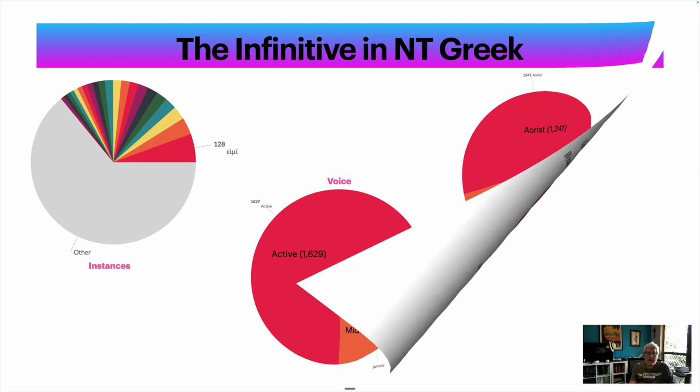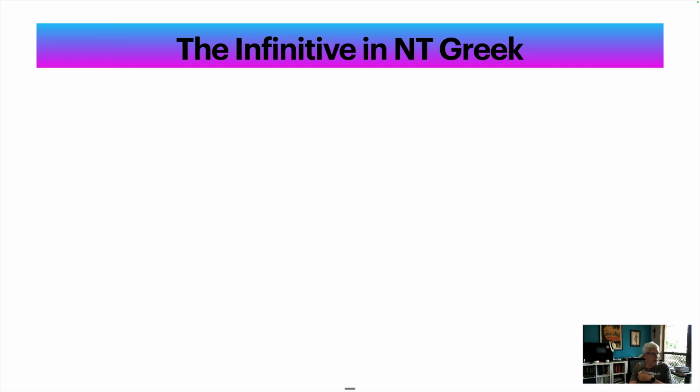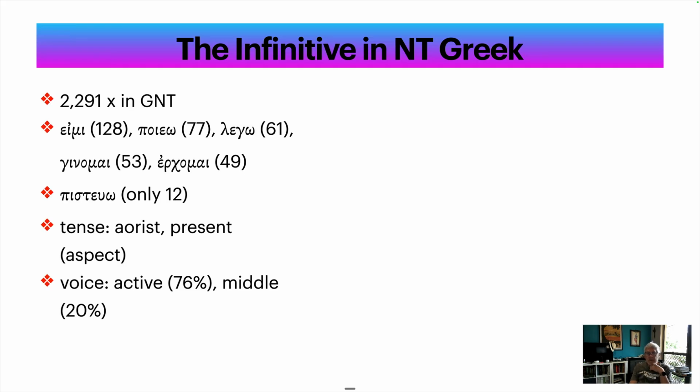Okay. So when we're looking at the infinitive in New Testament Greek, it occurs just over 2,000 times, almost 2,300 times. So again, that's about 10% of the words in the Greek New Testament.